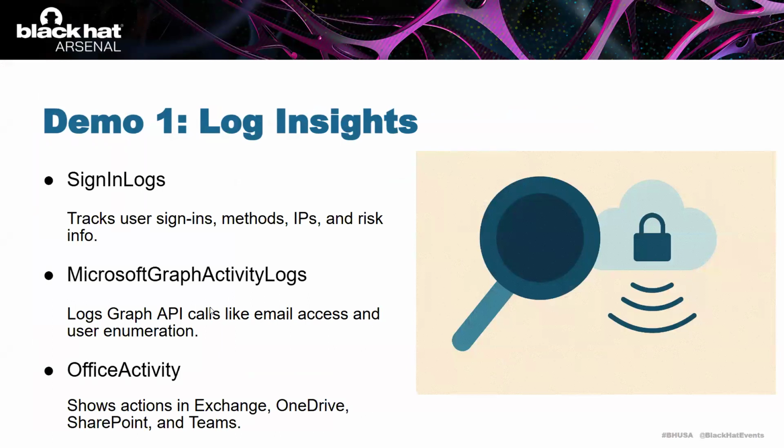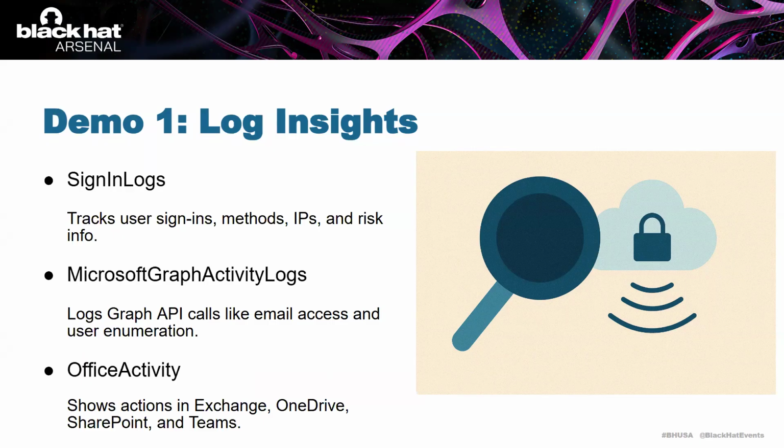Now, in terms of the log insights after we ran the simulation playbook, as we walk through this attack, there's three data sources that can help us trace every major step. Sign-in logs tell us how the attacker got in, and there's a particular way of finding device code phishing just by looking at a particular field within this table.